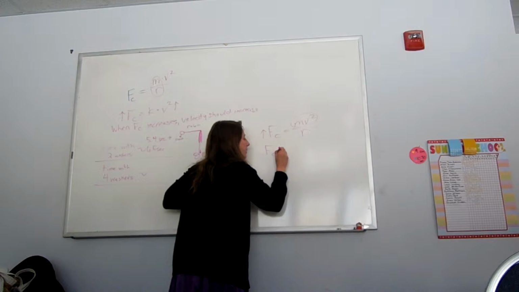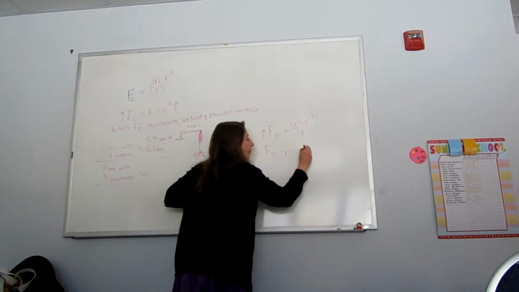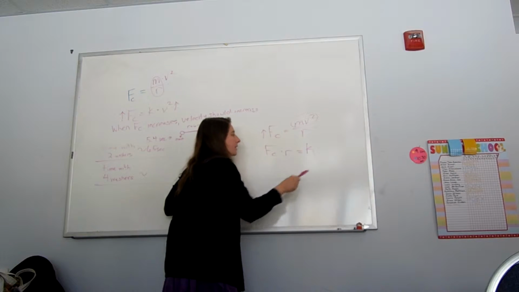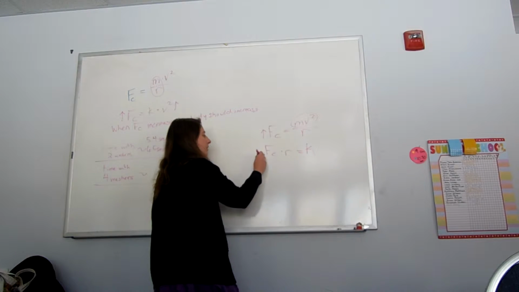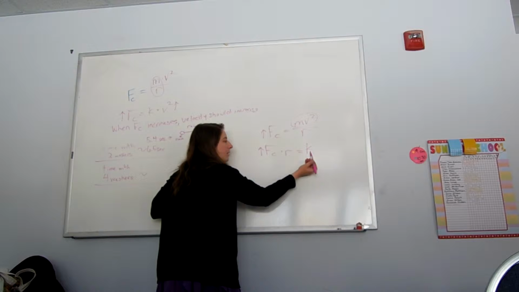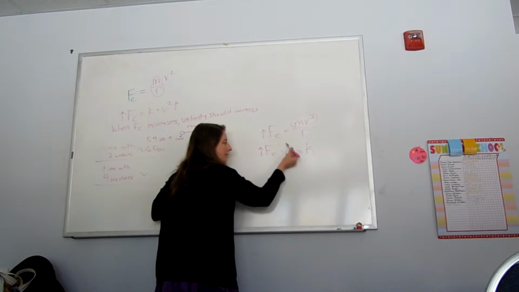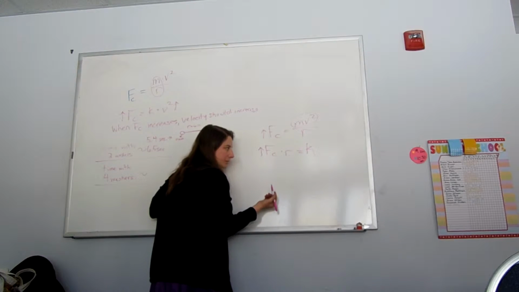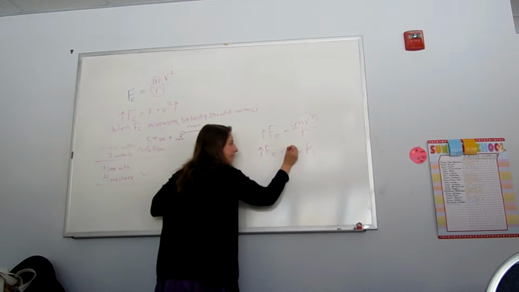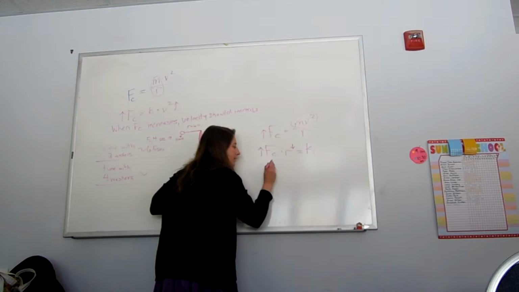Right, so I'm going to solve it out this way, and I'm just going to call this constant K, because we're not changing mass, not changing velocity. So if force increases, to make the equal sign stay true, to keep this side unchanging, when one goes up, what has to happen to the other one? Go down. Has to go down. Okay, so we're going to say the radius has to go down.